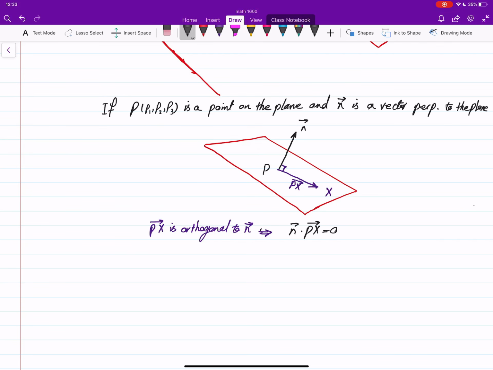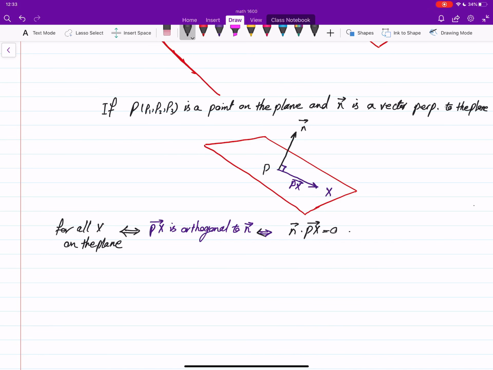Let me do it two-sided: for every point on the plane we have this condition, and for every x that has this condition, we see that x is on the plane.